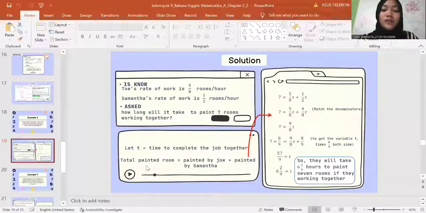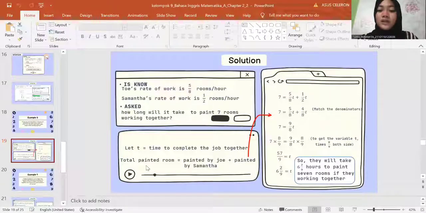Total rooms painted is the number painted by Joe plus the number painted by Samantha. 7 equals 5/8 t, which is painted by Joe, plus 1/2 t, painted by Samantha.